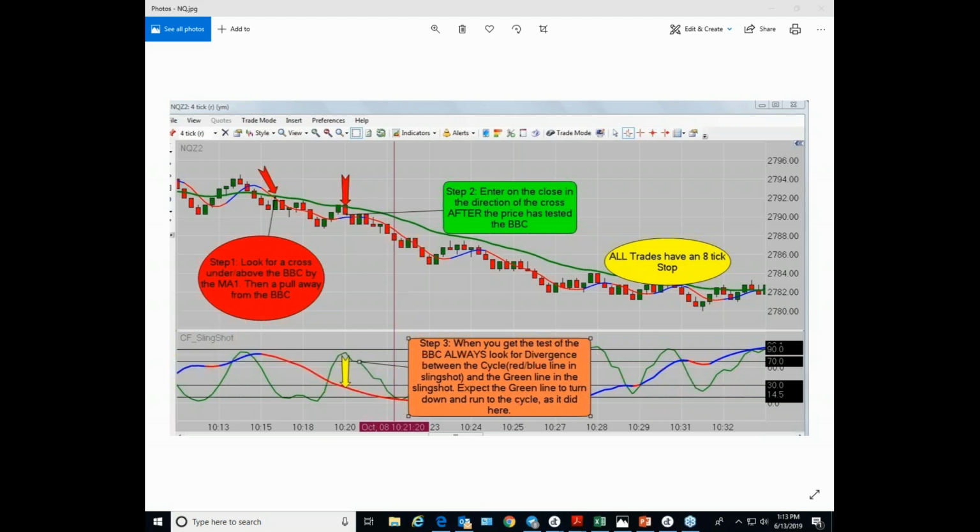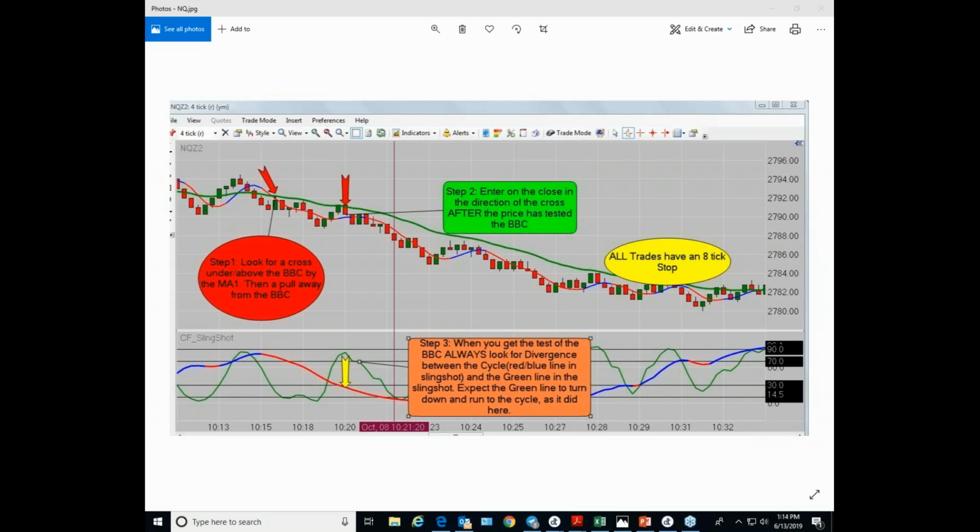The market better be making lower lows if we're going short, or higher highs if we're getting long. All this doesn't exist unless we're trending. So number one, that statement should be on your piece of paper. And if it's not trending, or when you're in doubt, then you're just going to stay out and do nothing until it looks easy and obvious.